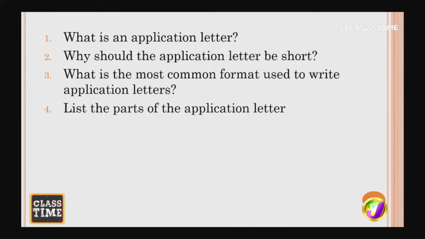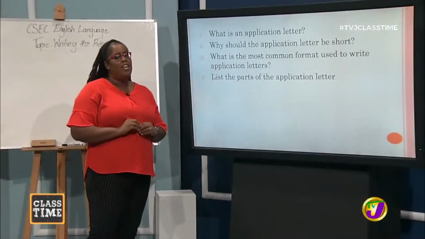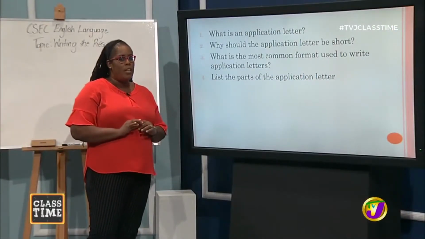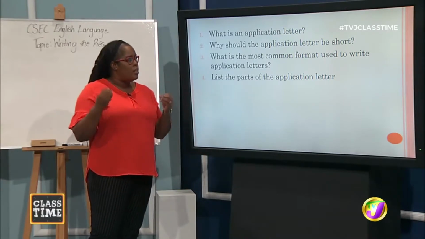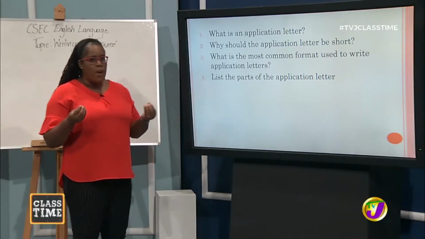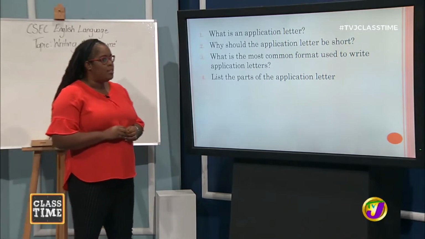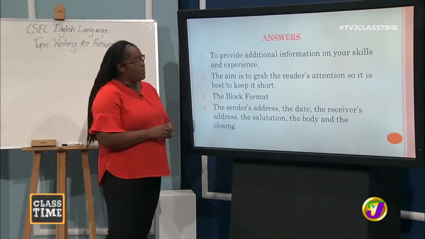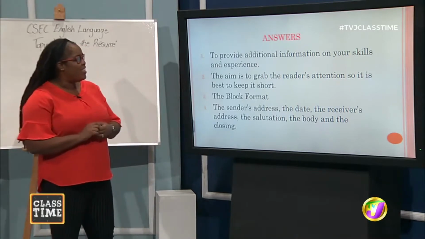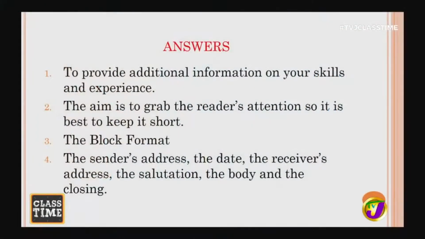All right, now 2 seconds, right, just to see how many you'll be able to get, and I'm hoping that we will all get all 4 right. All right, let us check to see how many of them you got right. Answers. Do you have these answers?